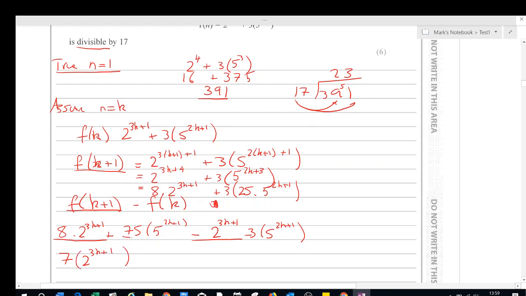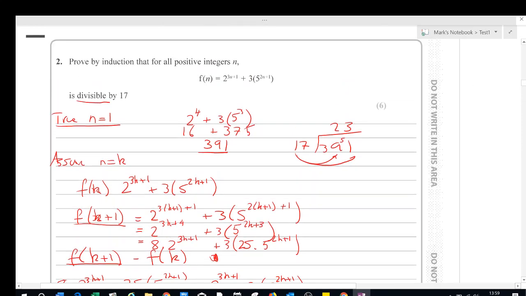And then the second one, if we group these two together, at the moment we've got 75 and we've got a minus 3, so that makes 72 times 5 to the power of 2k plus 1. So now all the powers are dealt with. We need to think about how we can get the original form, and the original form had a 3 in front of the 5 to the power of.